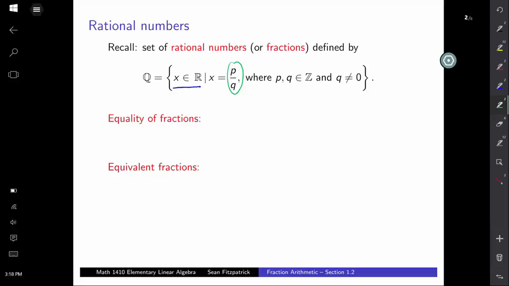And fractions are going to come up quite a bit in this course, especially once we get into things like solving systems of equations. You're going to find that it's frequently the case that you have to divide by some integer, and suddenly you end up with fractions all over the place. If you're not comfortable working with fractions, you're going to find that it is a bit of a struggle to get through some of the computational stuff in this course.